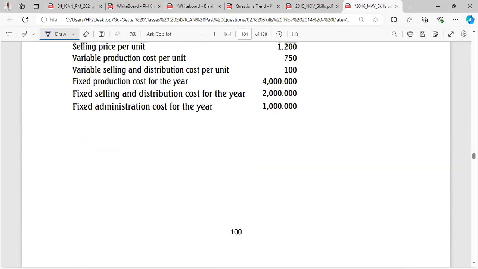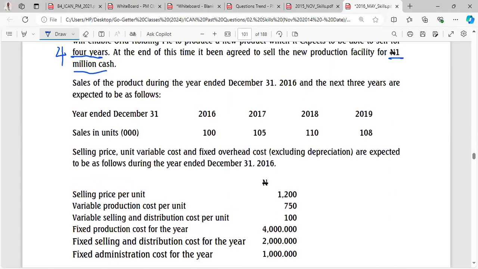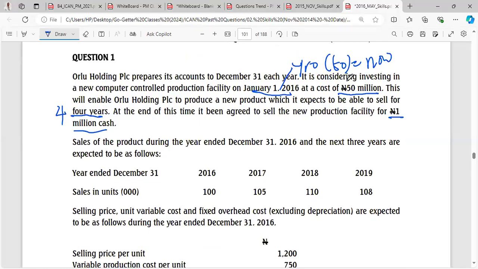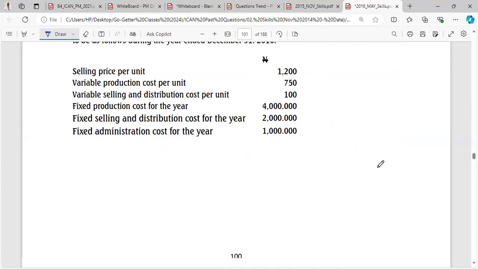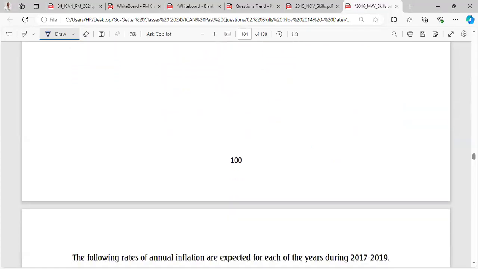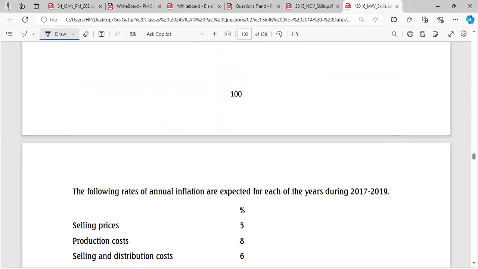And even if we did, some people usually do payback period to have an idea if the investment is worthwhile. But this question lends itself to discounted cash flow. We're also not going to use accounting rate of return.